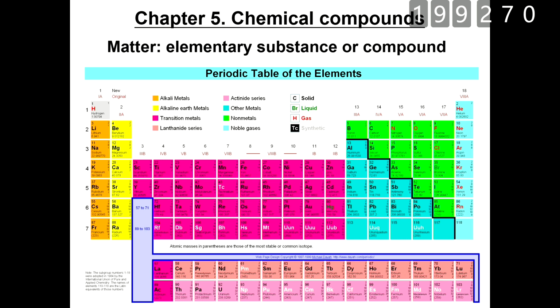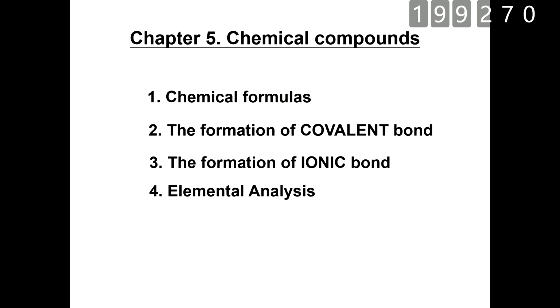And here in this chapter we will introduce the chemical compounds. For the compounds, basically, they should include more than one kind of atom. So in this chapter, we will learn the chemical formulas.